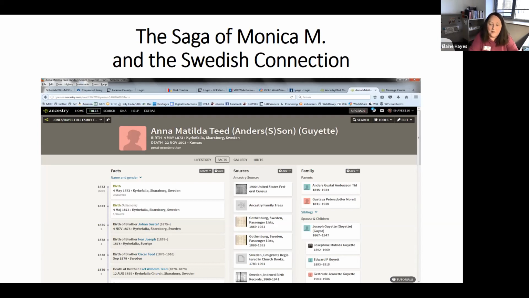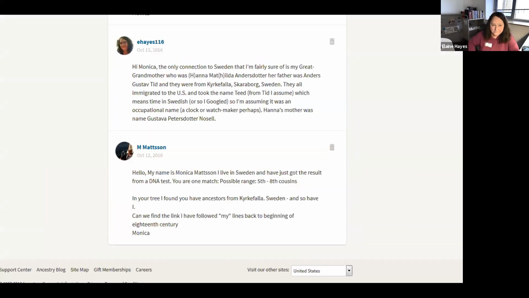And trying to look for Anna Anderson from Sweden, there's thousands of them. So it was really hard to find more information. But when I did a DNA test, I got one of these Ancestry emails from Monica Mattsson, who lived in Sweden. And she said, well, we're 5th to 8th cousins.